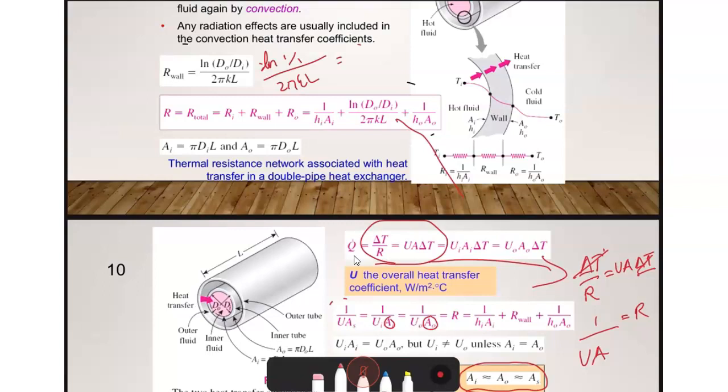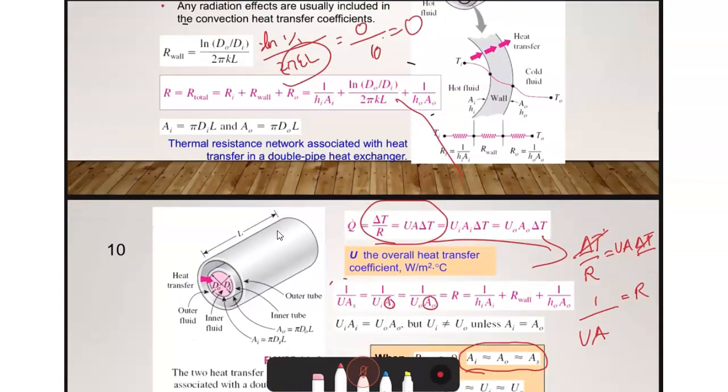So 0 over 1, for example, is equal to 0. So if this is 1, whatever, over 10, we got 0.